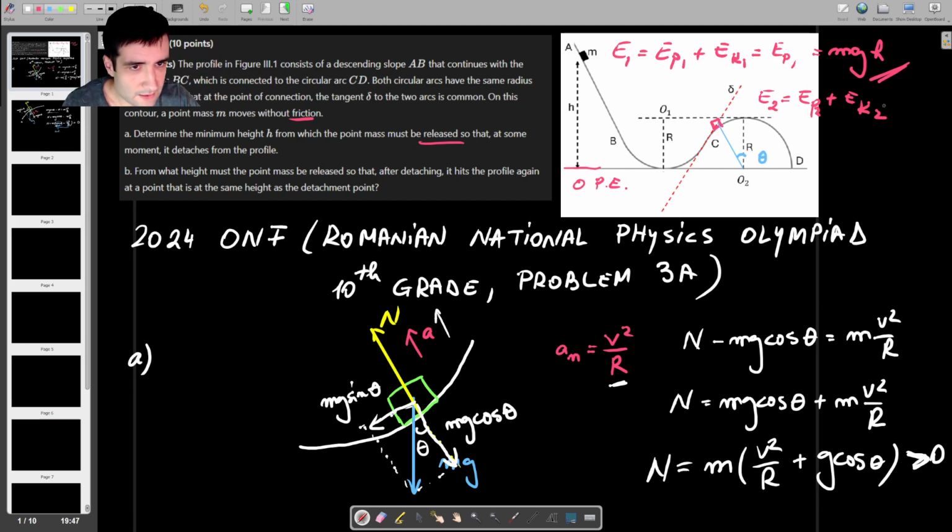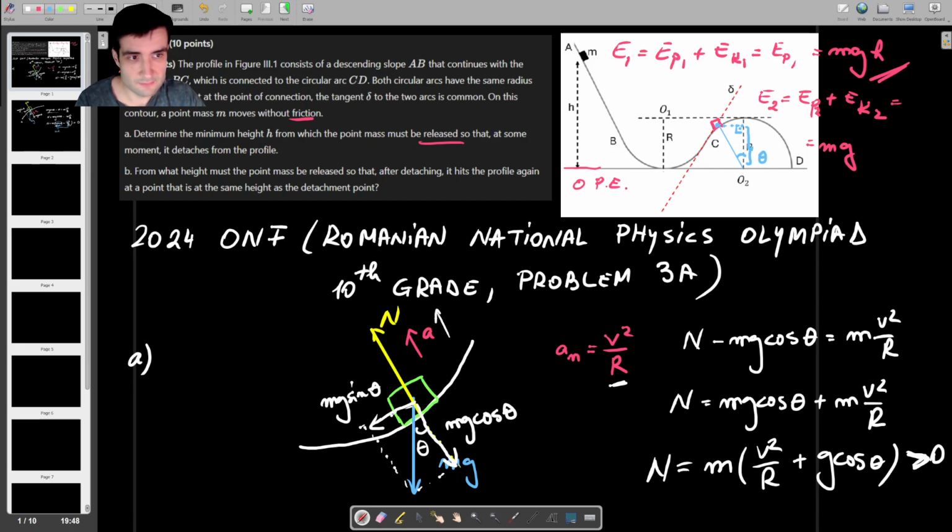In this case, the potential energy at this position is going to equal mg multiplied by essentially the vertical projection of the radius. I'm talking more specifically about this distance here, which I can describe more accurately: it's given by this right triangle, the vertical bit from here to here.